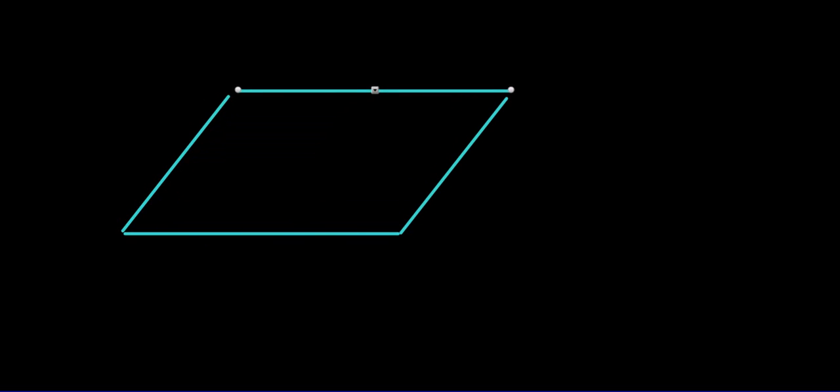Let me draw something here. I'll clone it here. This right here is a trapezoid. I mean, not a trapezoid, but a parallelogram. Okay? This is a parallelogram, and I've got it here on the board, of course, but it could be out here anywhere in space.